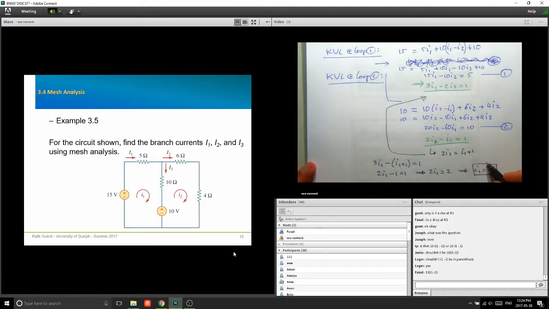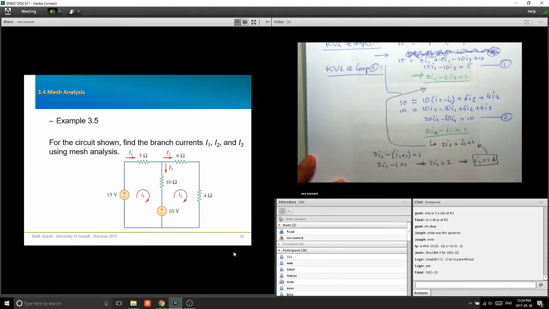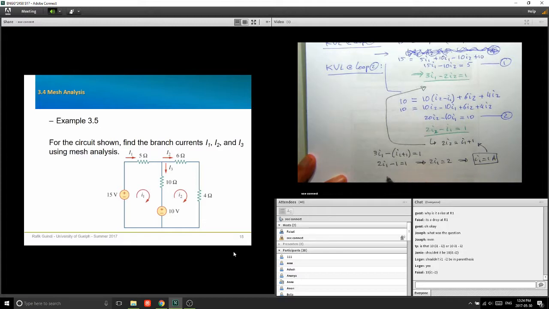From here I can get I2. I'm going to use this one here. 2I2 equals I1 plus 1, which is 1 plus 1 equals 2. So I2 equals 1. Well, this one also is equal to 1 amp. 1 amp for some reason.